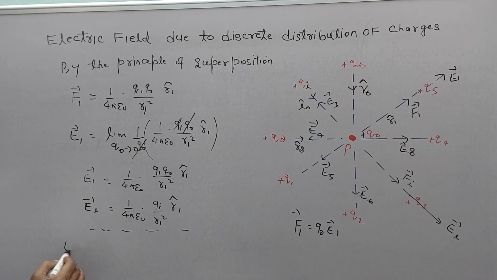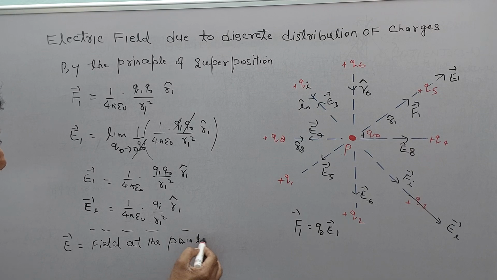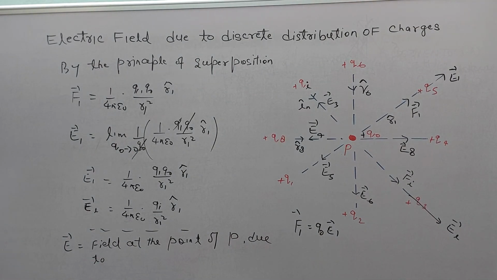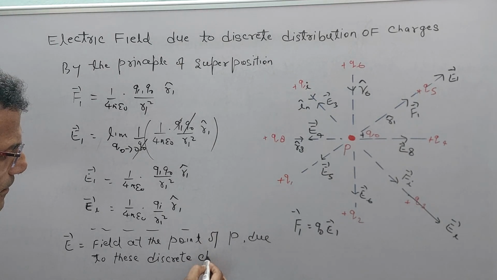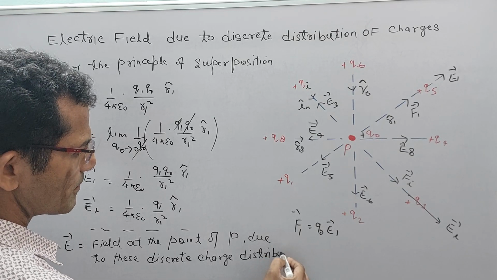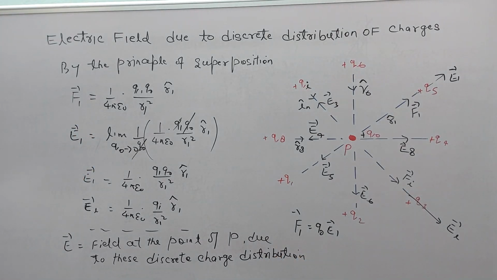The total field at the point P will be the vector sum of all these electric fields. So to find the field at the point P due to this discrete charge distribution, we have to add vectorially: vector E1, vector E2, and so on.